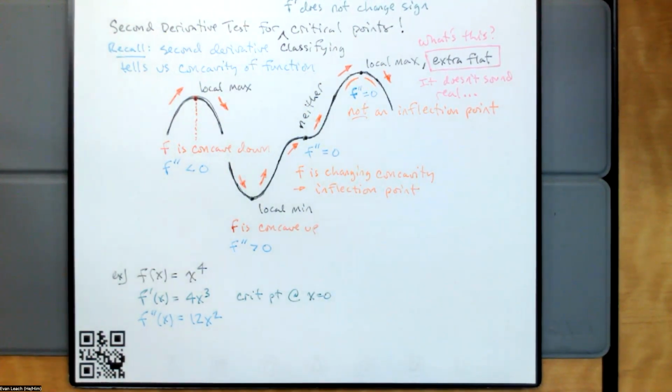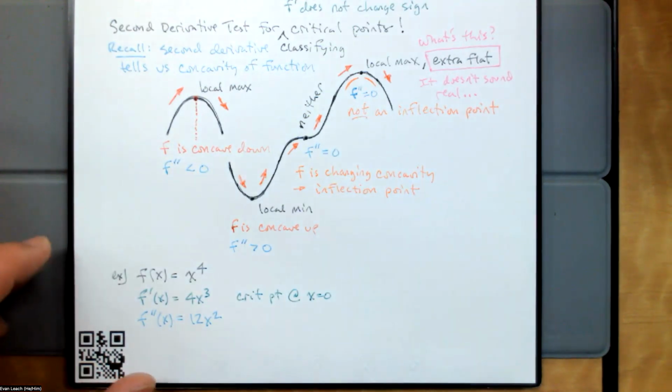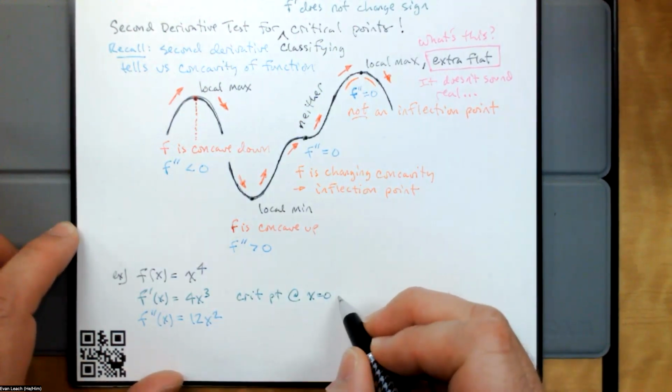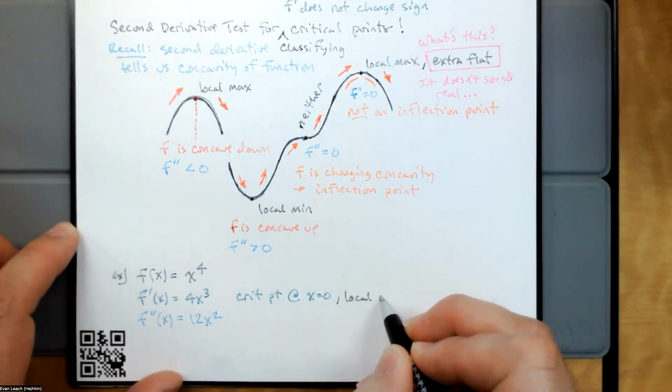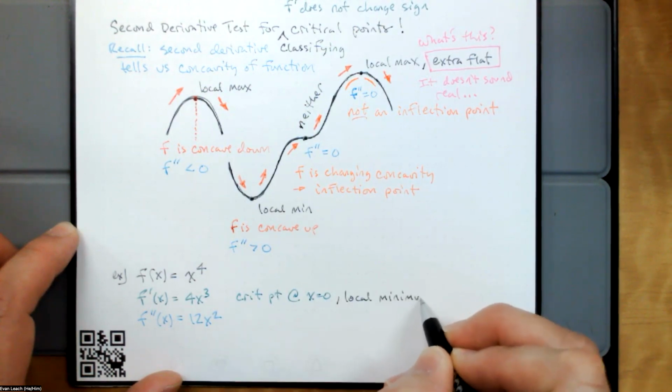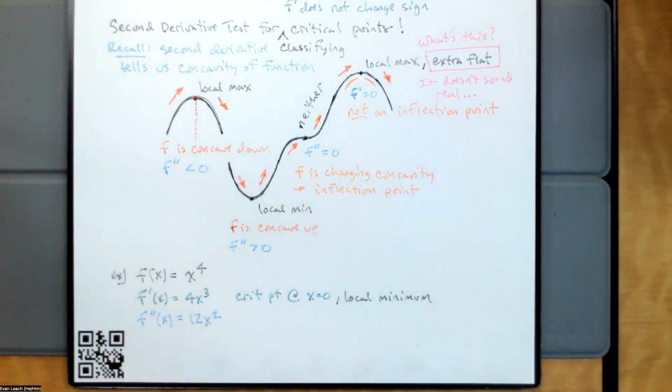There's a critical point at x equals 0. We think about what the graph of x to the 4th looks like. It's like a parabola with steeper sides and a flatter area around the vertex. So we know it's a local minimum just based on the graph. We also know it's a local minimum because the first derivative is negative when x is negative, and the first derivative is positive when x is positive.